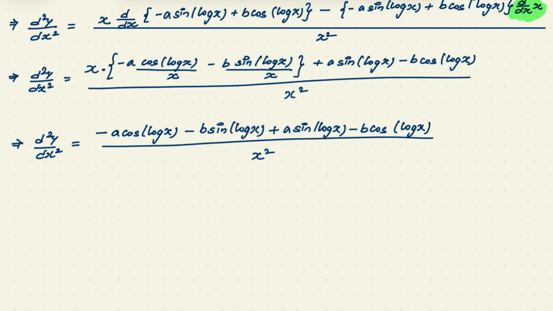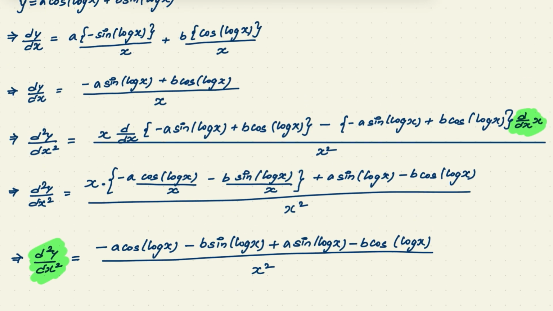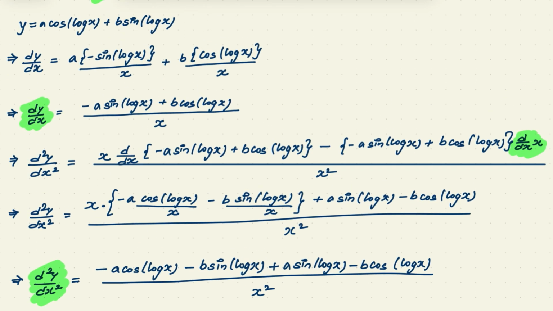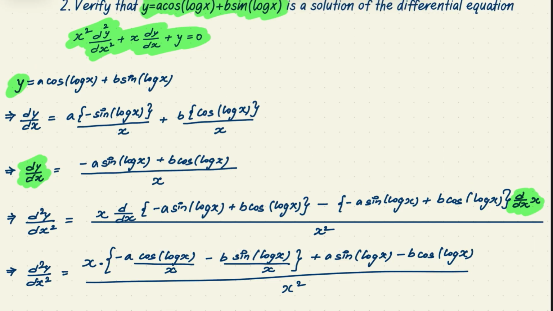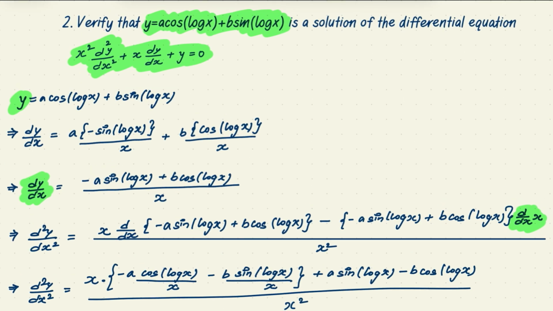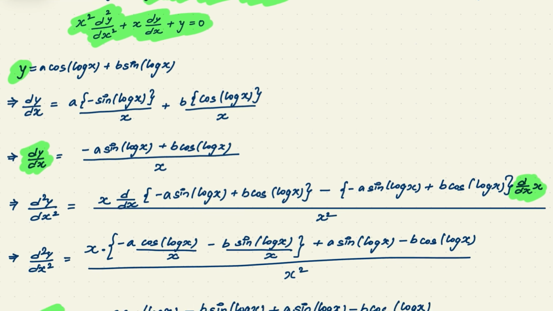Okay. Now since we have got the value of d2y over dx2, and we have the value of dy over dx also, and the value of y is already given in the question, now we will verify whether the equation will be true or not. So we will write the left hand side of this equation, that is x square into d2y over dx2 plus x into dy over dx plus y at first.